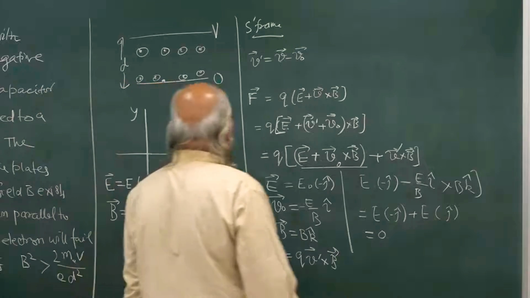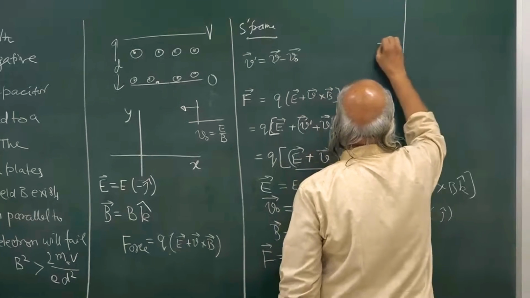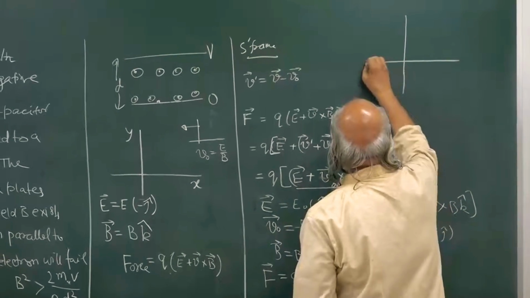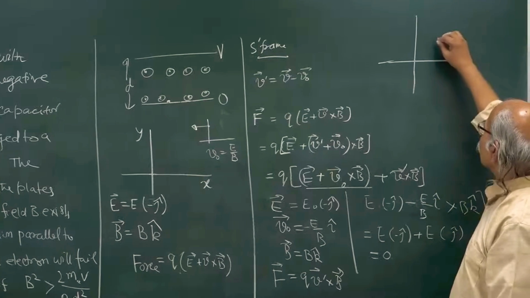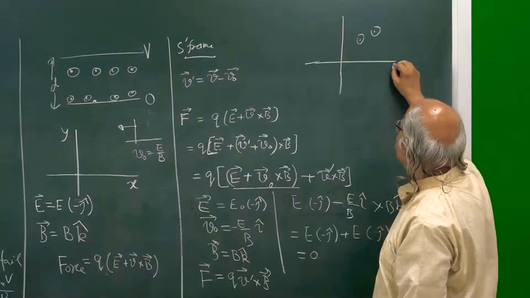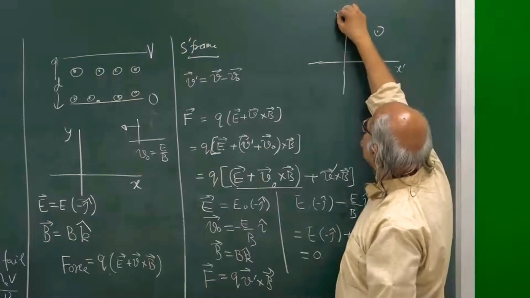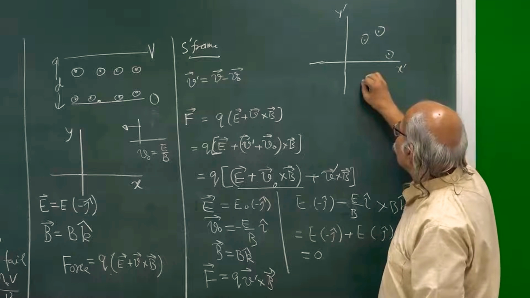In this S prime frame, we do not have any electric field, we only have magnetic field, and that magnetic field is coming out of the board. This is still the x prime axis, and this is y prime axis.